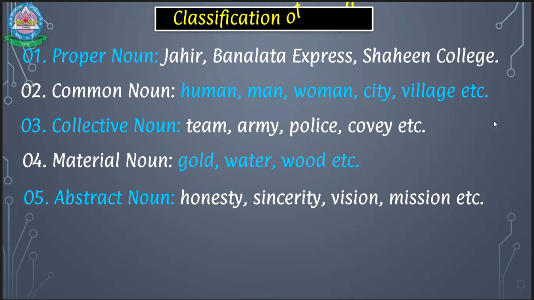But common nouns are the names that can mean commonly all of a group. For example, if we say human, it means the people who have the quality of a human being.